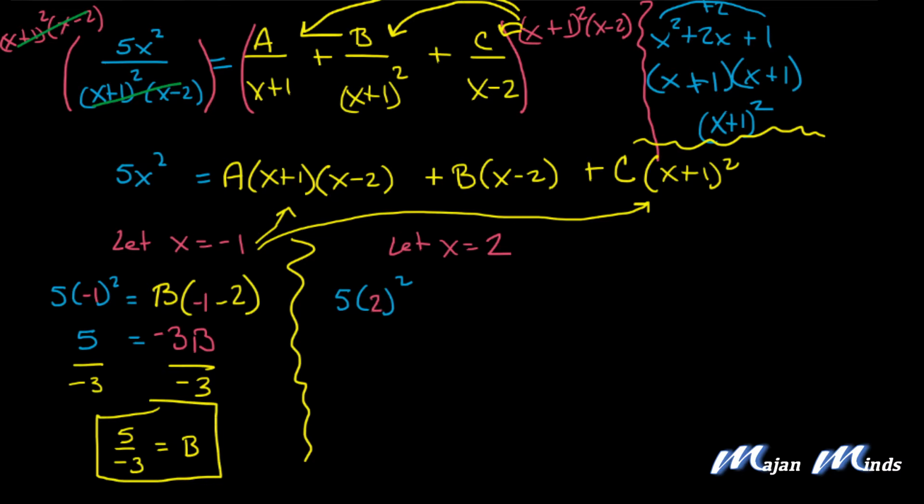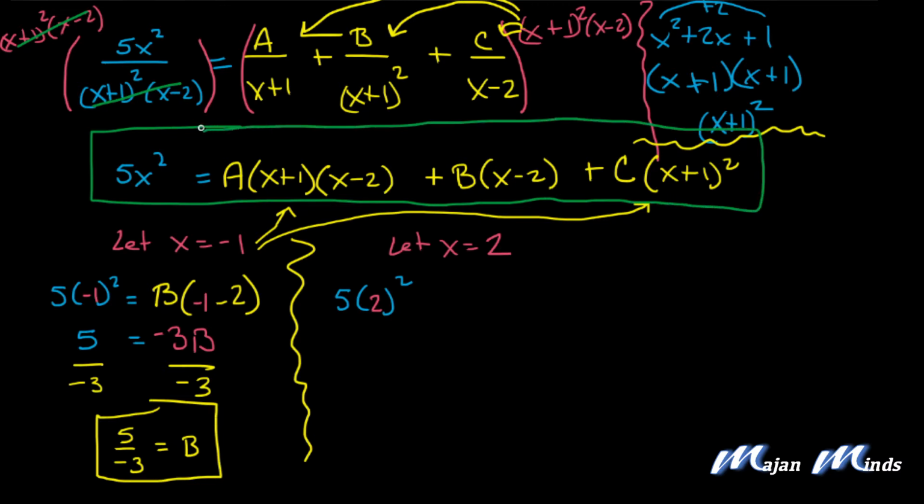I'm looking at my main equation, this big green box, and putting 2 into there. 2 minus 2 is 0, which wipes out those terms, and 0 times B is 0, so I don't have to write those. That leaves me with a yellow C times (2 plus 1) squared, with a pink 2 in there. 2 squared is 4, times 5 is 20.